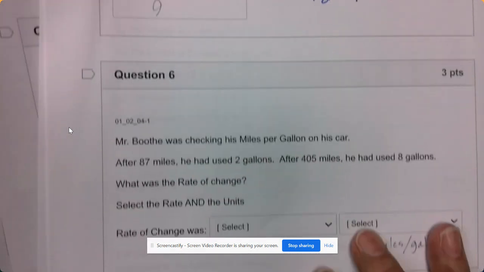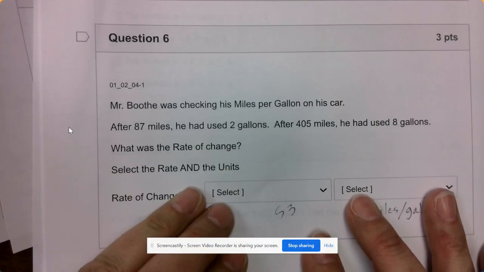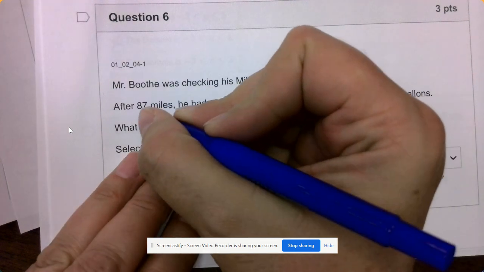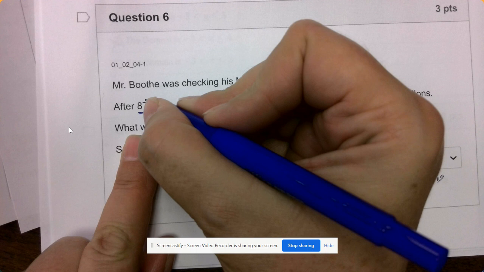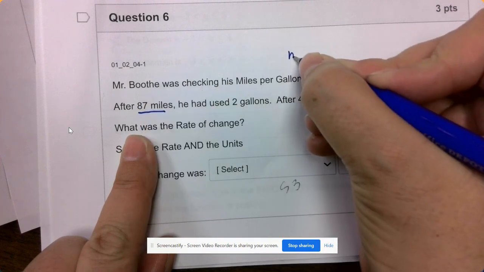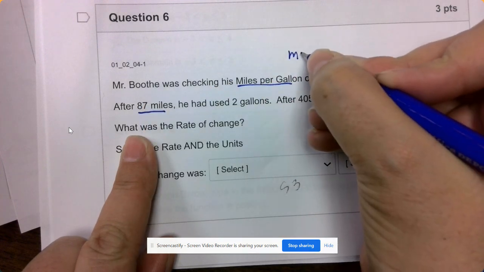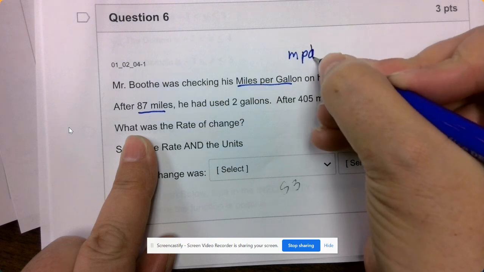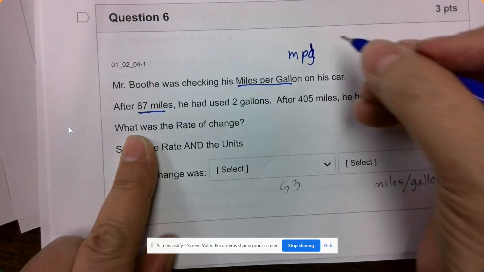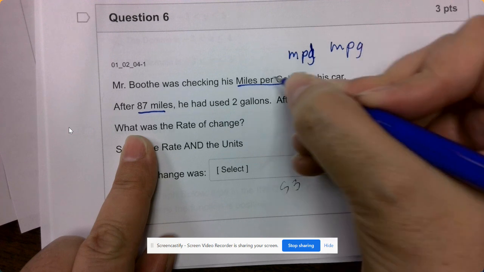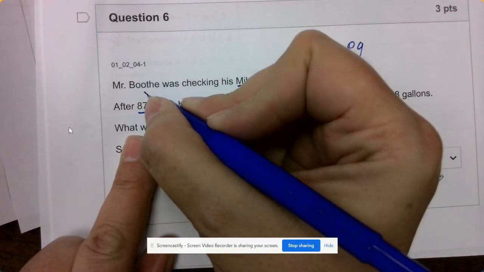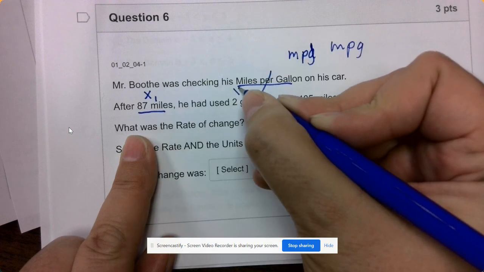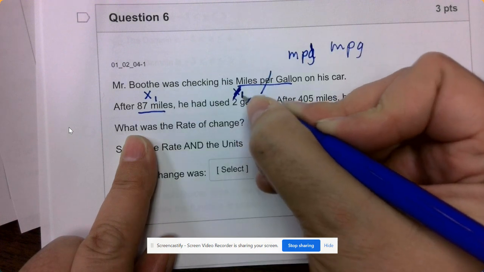Okay, and the next one, miles per gallon in his car from Mr. Booth. So after 87 miles, okay, so miles per gallon, you might say this as MPG, like this. Per, everybody, means to divide. So this is going to be x sub 1. He'd used, this is y sub 1.